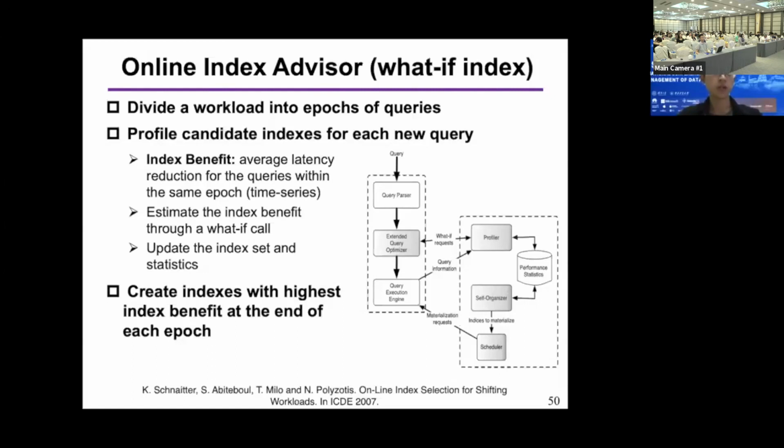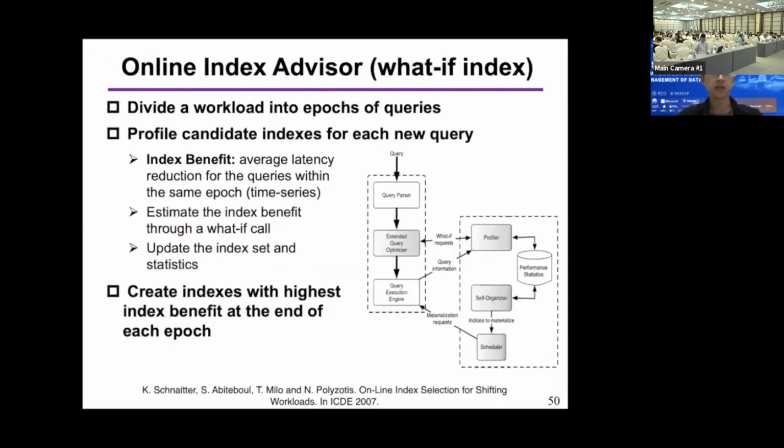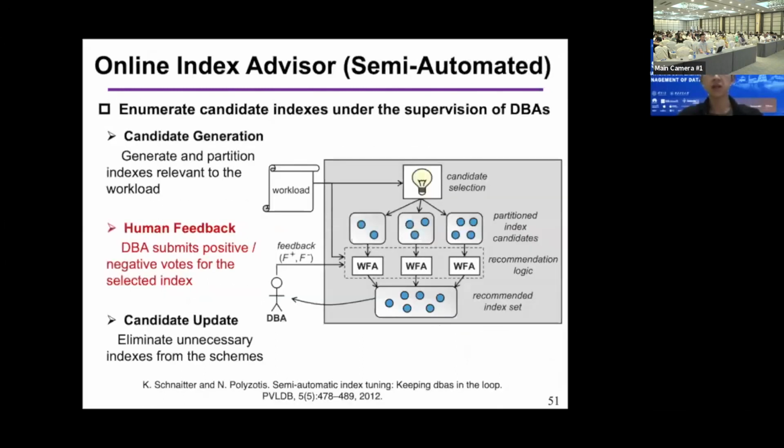And finally, at the end of each epoch, it will create the indexes with the highest index benefit in the set. However, the what-if-based method is laborious, as it requires human beings to design the what-if calls.